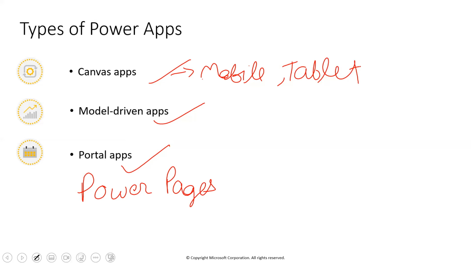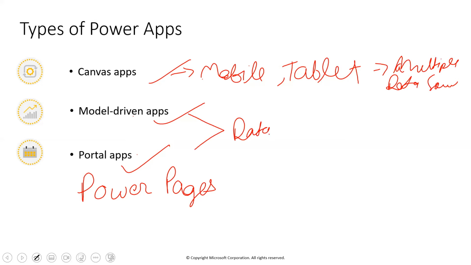The thing is that the Canvas app can utilize multiple data sources. But whenever it comes to model-driven and portal apps, we can only create them using the Dataverse, and both of them are data-oriented applications.